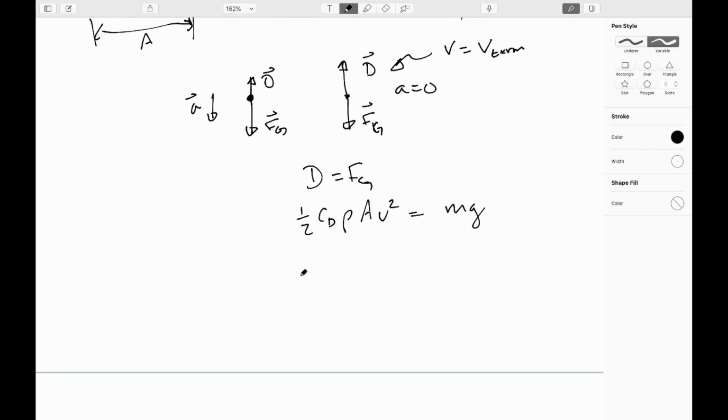And so we get that V squared will be equal to 2mg over C_D rho A. Take the square root. So what we get out of it is that for the same cross-sectional area, if something is more massive, which will generally correspond to the object itself being more dense, the terminal velocity will be higher.